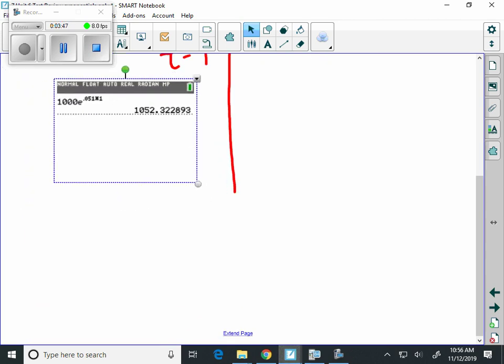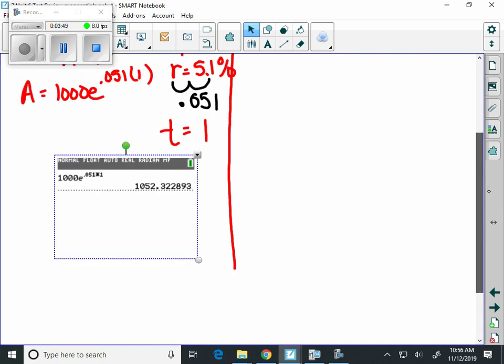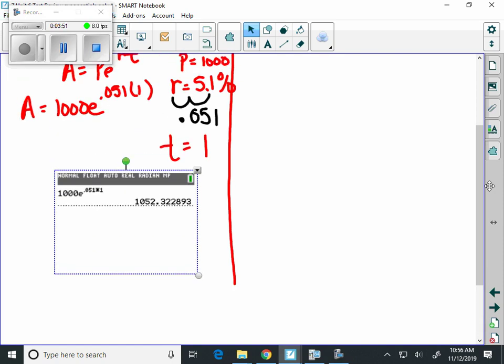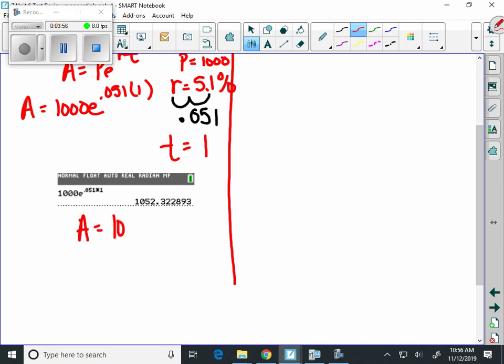When we round this, after 1 year, it's going to give us 1,052.32. The second 2 is determining what we do to the first 2. We're looking at that 2 to determine what to do to the previous 2, and because that is 4 or less, we're going to leave the 2 alone.